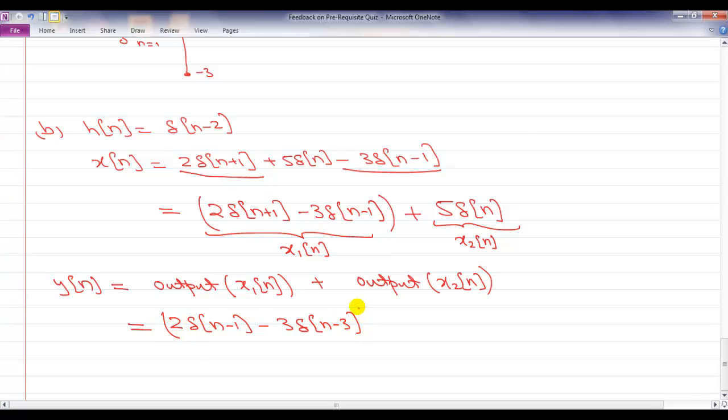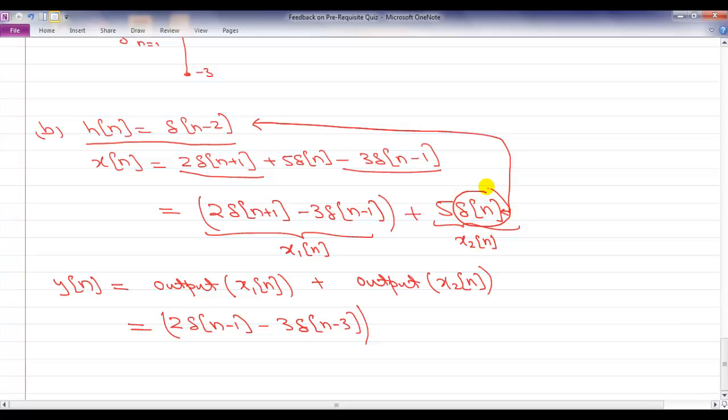And what is the output of x2 of n? For that, again, we are not going to use anything other than superposition. What is the definition of impulse response? The definition of impulse response is whatever is the output in response to an impulse. So this is an impulse.